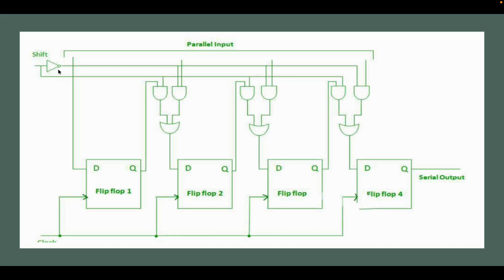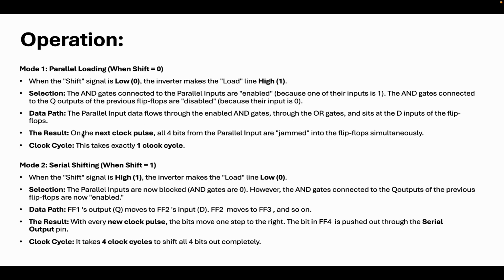Consider your shift to be 0, and this load line is 1. Obviously if this is 0, this will become 1. So now your load line is active. That means this part of the AND gate has 0, right? This is connected here, so this becomes inactive. This is disabled, and whatever is your load line, that will get enabled. So whatever you are giving as parallel input, it will go to here, and it will get into the XOR gate.